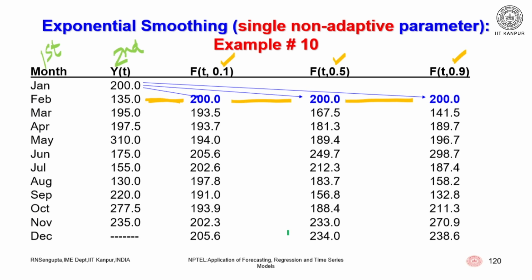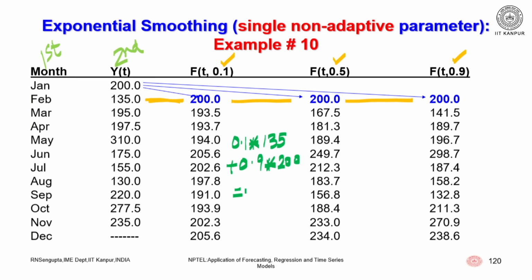So if I consider 10%, the corresponding value would be 0.1 multiplied by 135 plus 0.9 multiplied by 200, where 200 is the forecasted value for February and 135 is the actual value for February.